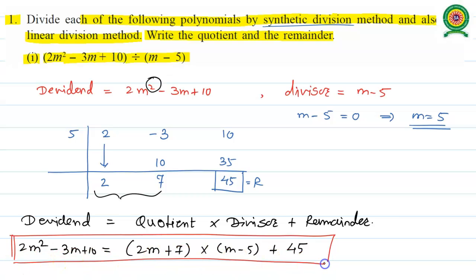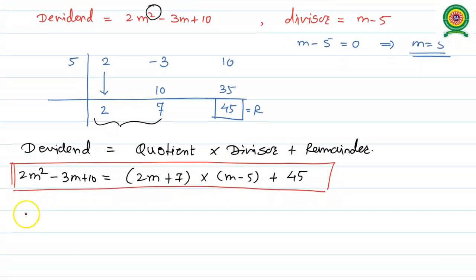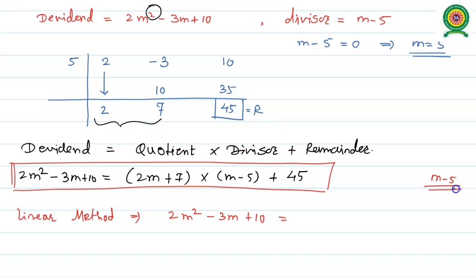Now what about the linear division? Look carefully. I am putting the heading here: linear method. We are given that the dividend is 2m² − 3m + 10 and the divisor is m − 5. So we have to adjust m − 5 in the dividend.